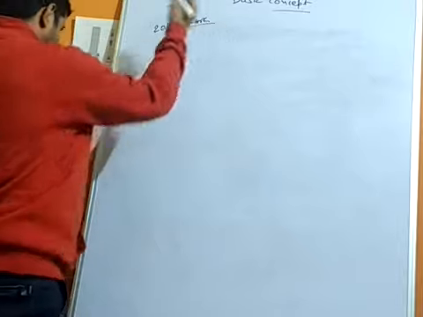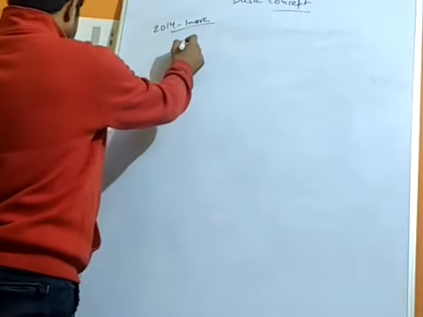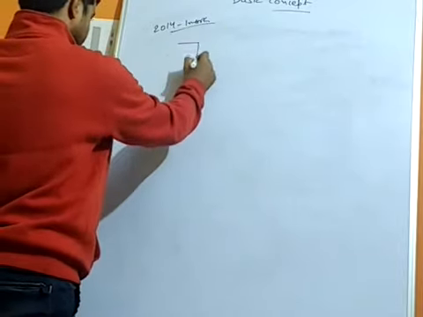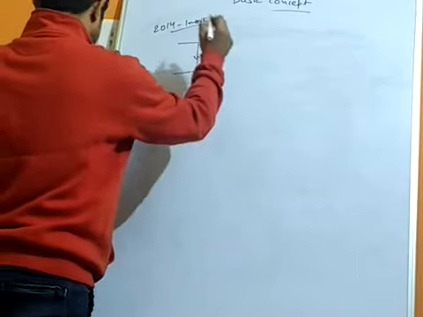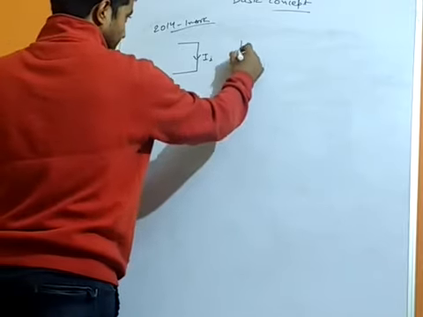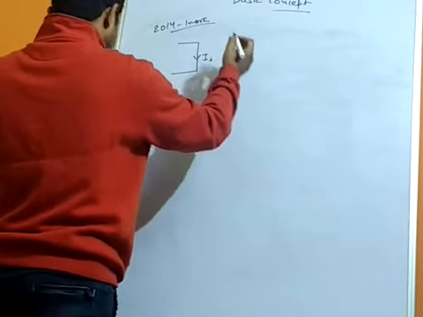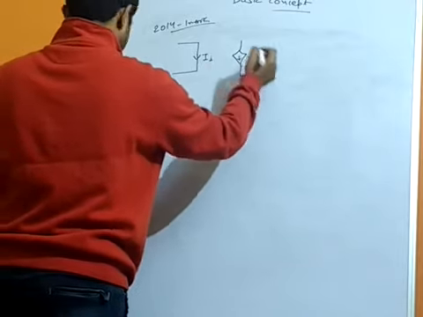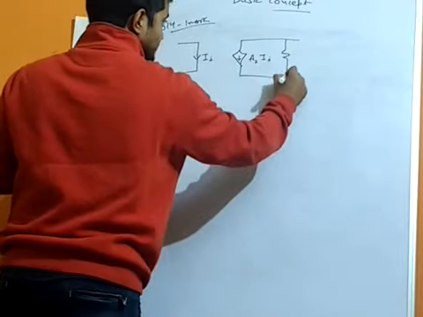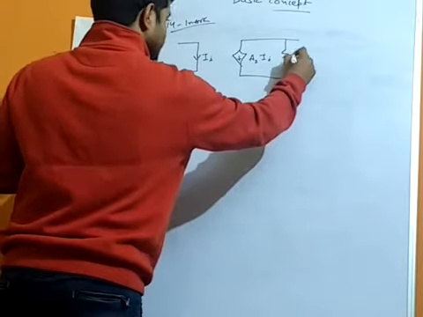So the question is like this. First of all I am drawing the circuit diagram. Here it is I, and here a diamond shaped dependent current source AI, and a resistance is connected in parallel to it.